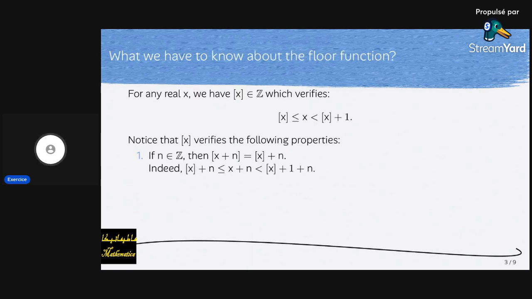What do we have to know about the Floor function? For any real x, the integer part of x is an integer which verifies: the integer part of x is less than or equal to x, and x is strictly less than the integer part of x plus 1. Notice that the integer part of x verifies also the following properties.